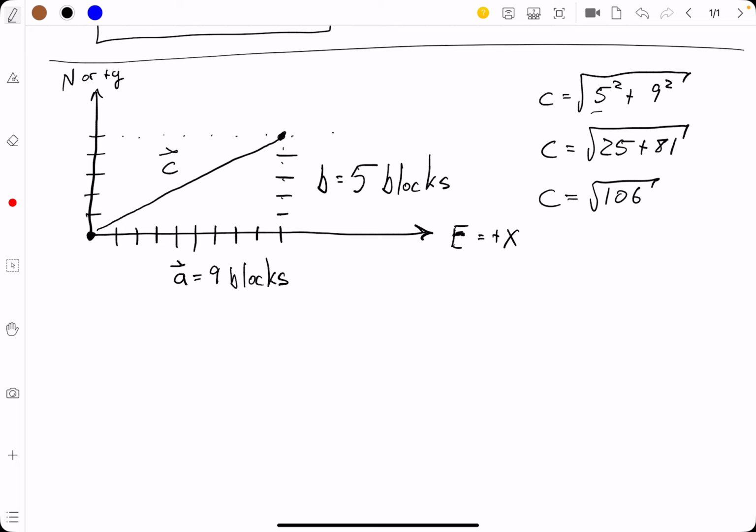Squared blocks, but you take the square root of squared blocks and you end up with blocks. So we'll have whatever the square root of 106 is. Let's do it. 106, enter, and then the square root of that. 10.295. Let's do 10.3. And we'll say C is equal to 10.3 blocks.